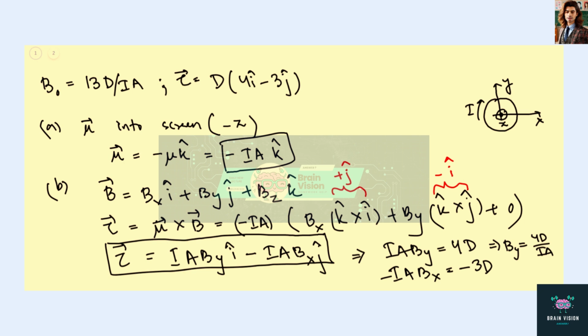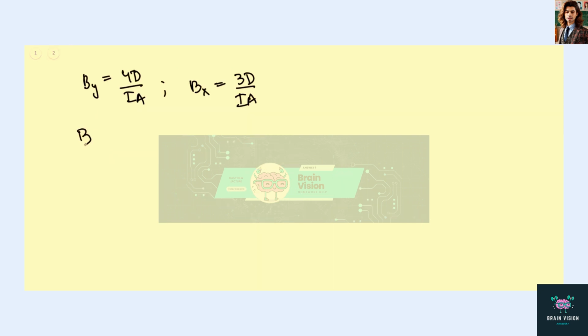But we know that the net magnetic field B, B naught, is given to be this value, which is 13D over IA.